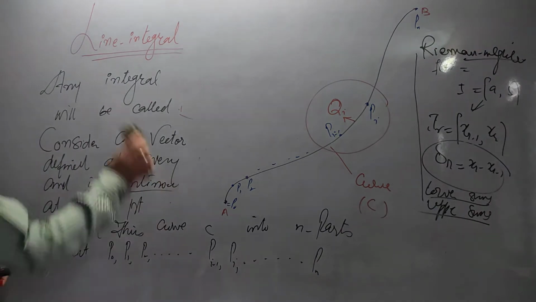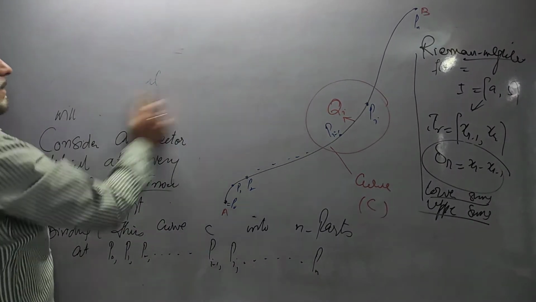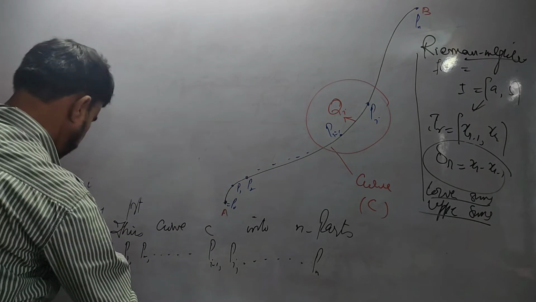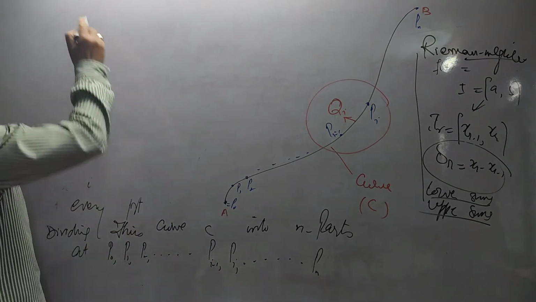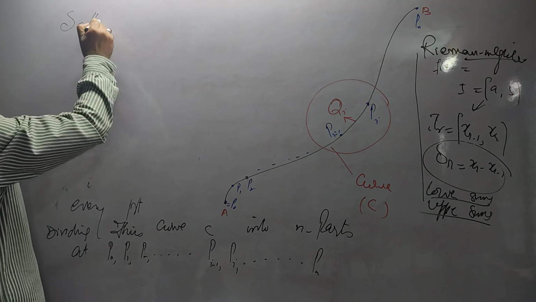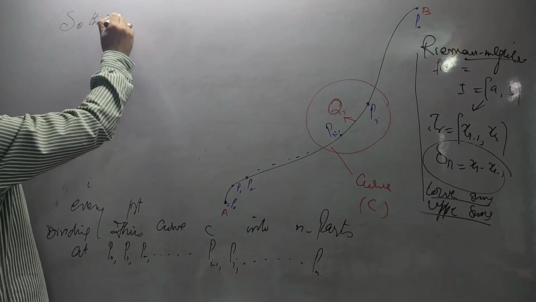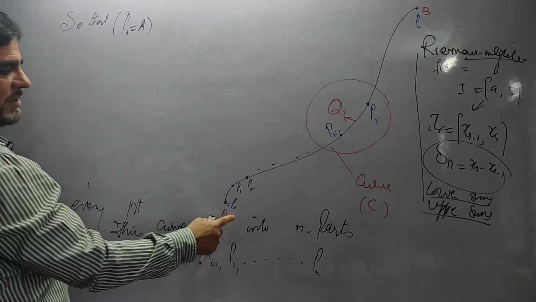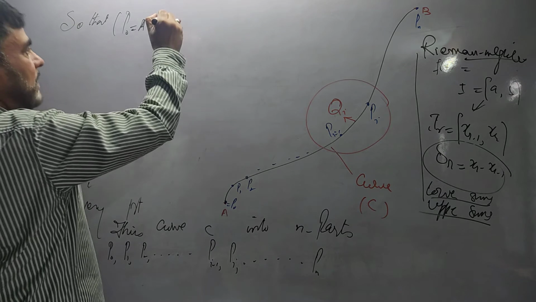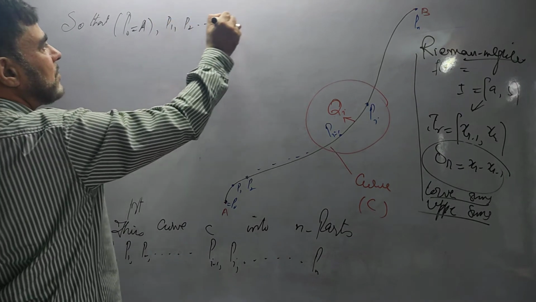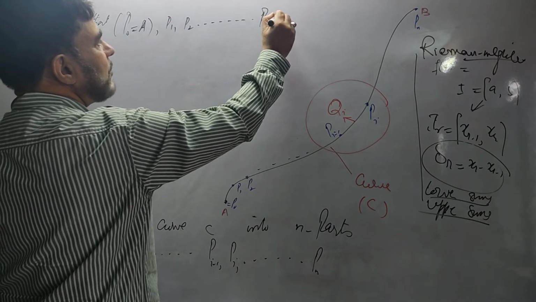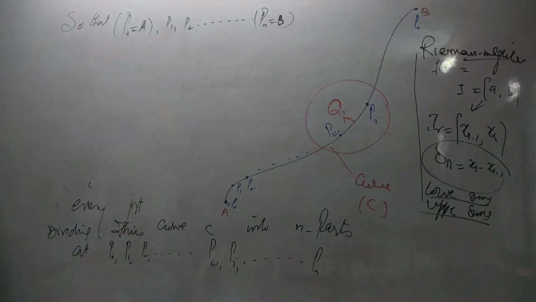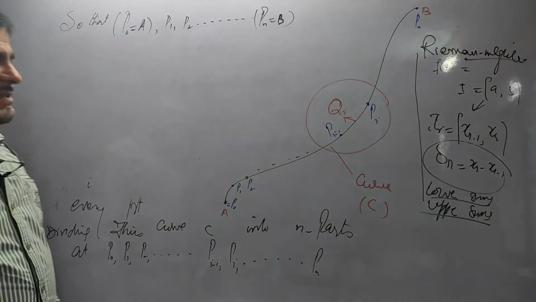Next we say the division is such that your P0 is your A, because you start from A, then you have P1, P2, and your Pn is the end point of this curve, that is B. These are the n parts of this curve.